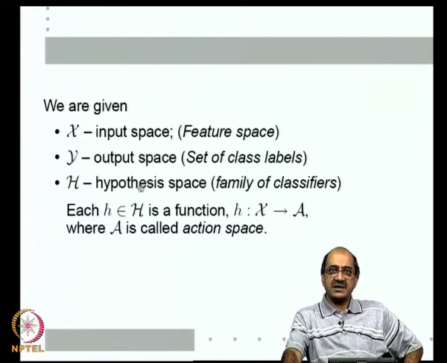That is the reason why we had this A. But for the purpose of this class, where we are looking at when the family H is such that the convergence under law of large numbers is uniform, we are only considering binary valued functions. So, actually Y is 0, 1 and our A is equal to Y. Okay.